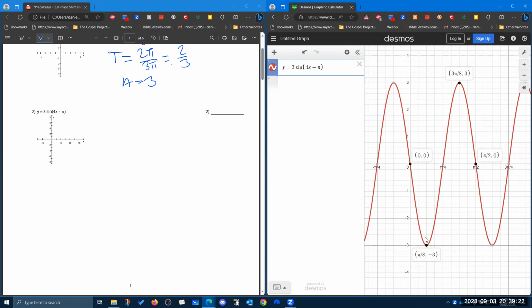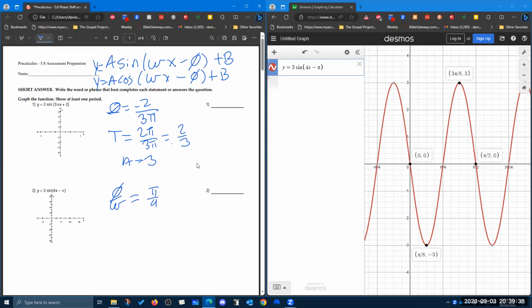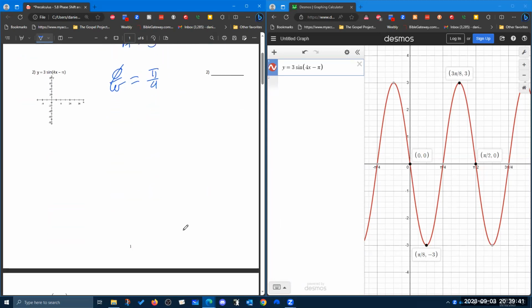So let's figure out again that my phase shift, my phi over omega, is pi over 4, and my new period is 2 pi over 4, which is pi over 2, and my amplitude is 3. And I can see that that's what's going on with this graph here. Again, just make sure to get one period.